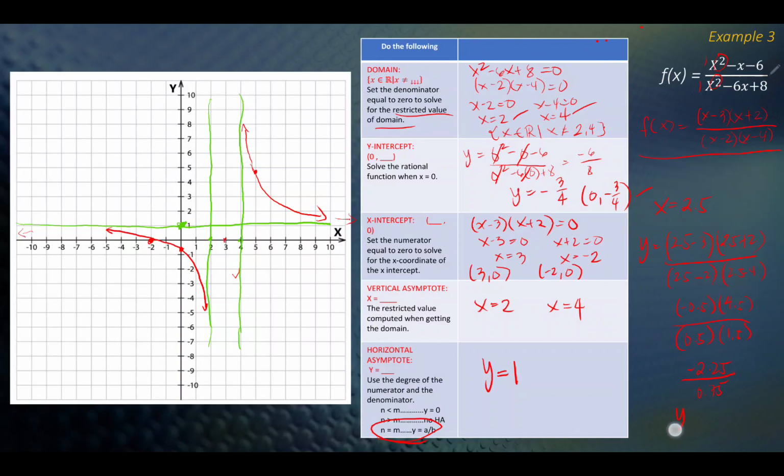So this is y equals 3. So ang ating ordered pair for x equals 2.5 is y equals 3. Ang ordered pair natin dyan ay 2.5, 3. So 2.5 then 3.